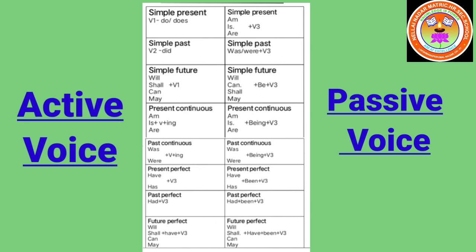We have to change them into passive voice. We need not look at by, subject or object, those kinds of things. We have to focus only on the verb. That is very, very important. When we change into passive voice, the verb is very important. We have to change the verb. That is why we have given the verb forms.